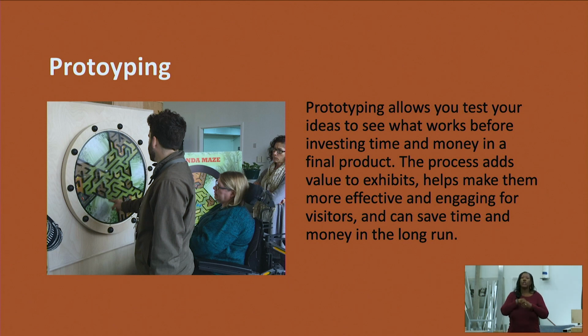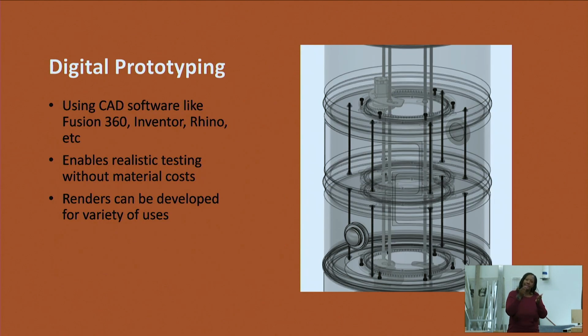It could be something as simple as a piece of paper, and you're out there in your museum with the audience, engaging and testing: does it make sense to connect this icon and this icon? Simple stuff like that. So there are a lot of easy, simple, cost-effective ways to initiate that mock-up and prototyping phase without having to spend a ton of money on the actual materials and the hours spent on that.